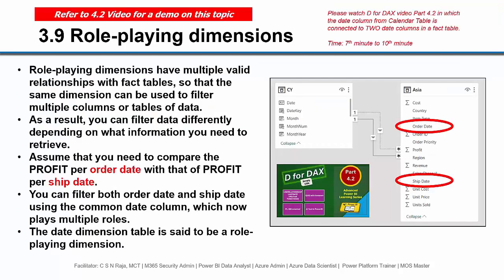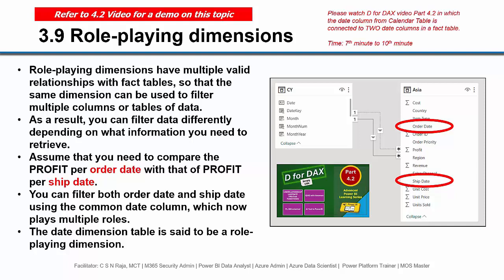Role-playing dimensions is yet another concept. A role-playing dimension will have multiple valid relationships with fact tables so that the same dimension can be used to filter multiple columns or tables of data. As a result, you can filter data differently depending on what information you need to retrieve. Assume that you need to compare the profit per order date with that of profit per ship date.